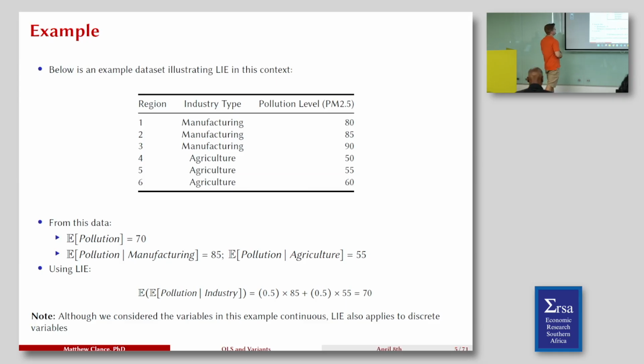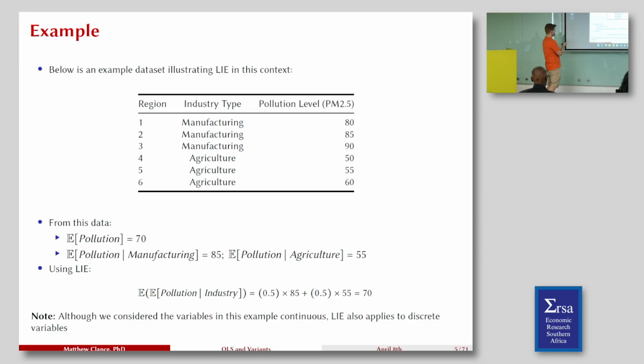Okay? So this is very simple. This is most likely not correct, but I'm just using the numbers to help out with this. We have different regions, and different types in terms of the industry types and pollution levels.